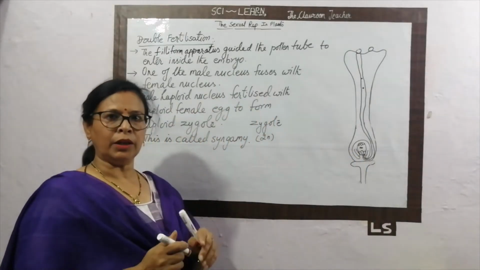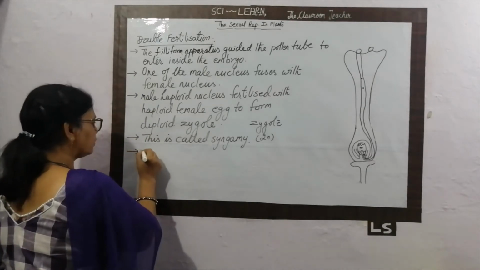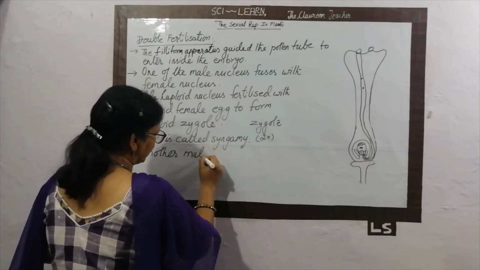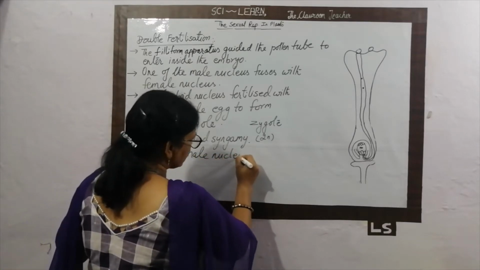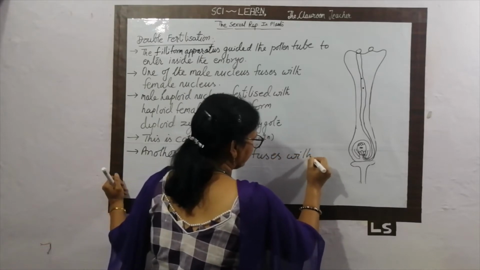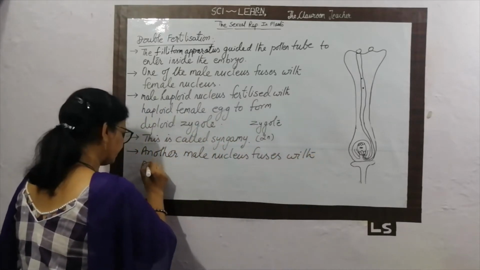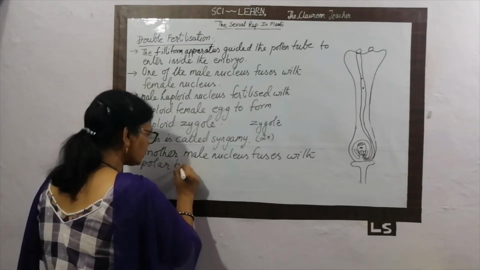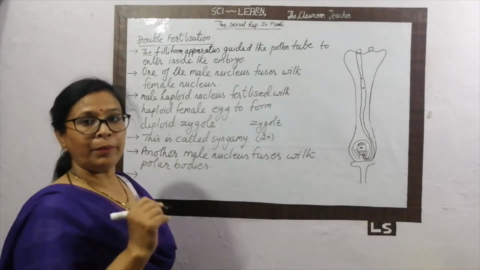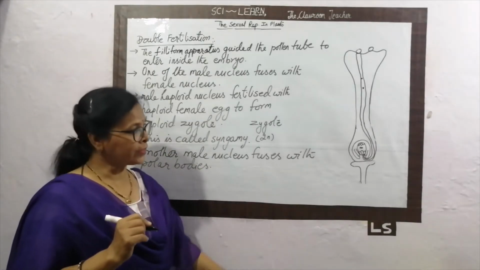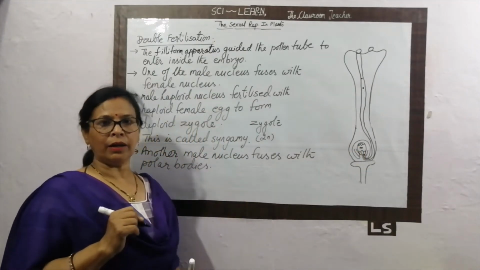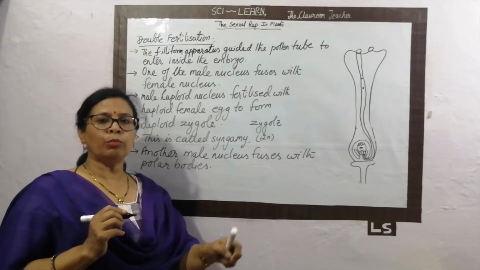So the second male nucleus fuses with the polar nuclei, which are present in the center of the embryo sac, where they formed at the time of its development.